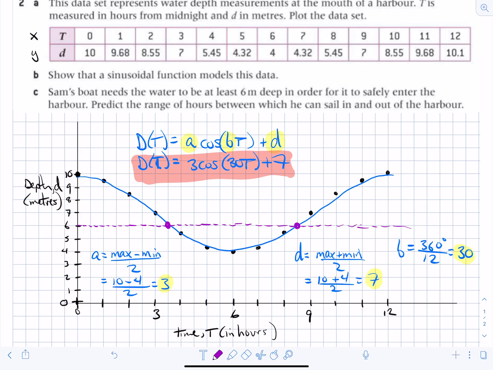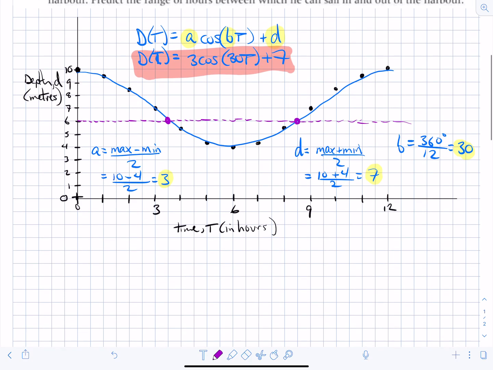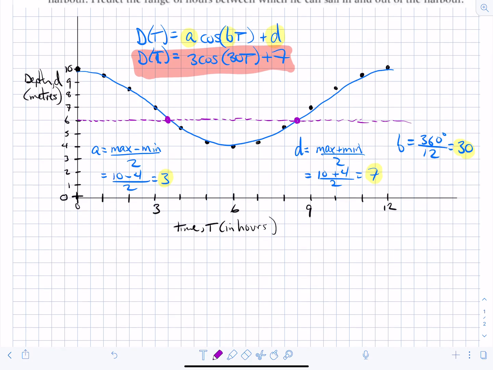But when is it? How do you write that? The range of time for me that it is deeper than 6 meters is when t is less than what is that? 3:30? So 3.5 hours, but I will say 3 hours and 30 minutes. That's 3.5 hours, right?